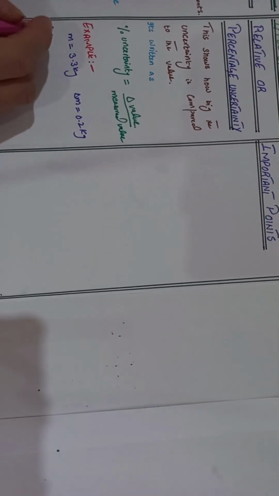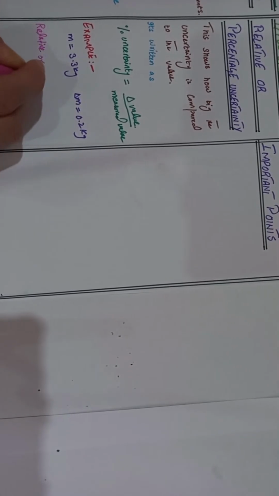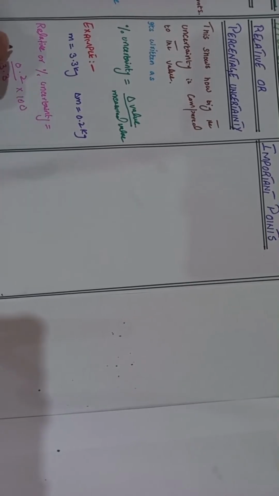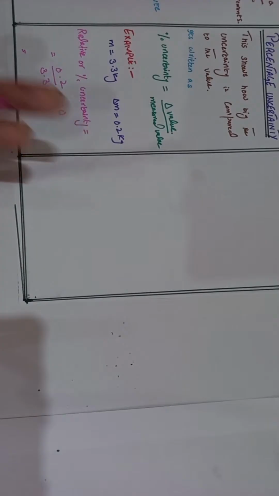Then relative or percentage uncertainty is equal to 0.2 over 3.3 multiplied by 100, which is equal to 6.1%.